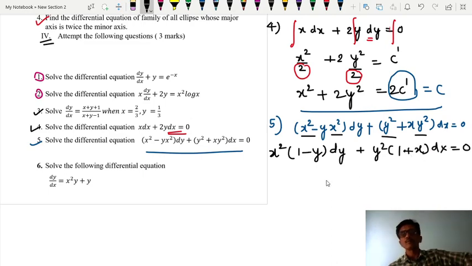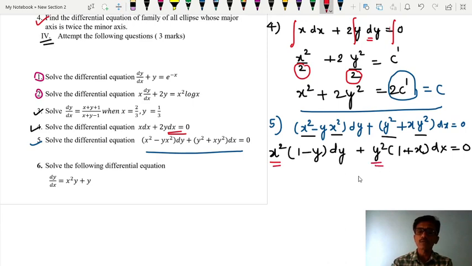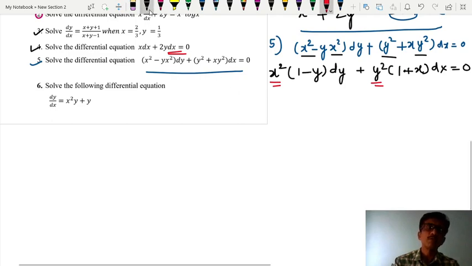So we write it in variable separable form. So how can we write? Here we don't require this x square, here we don't require y square. So we divide the whole equation by x square into y square.